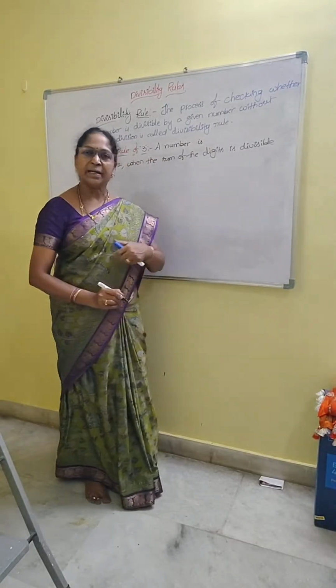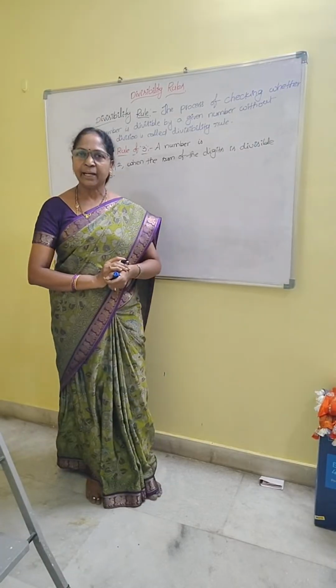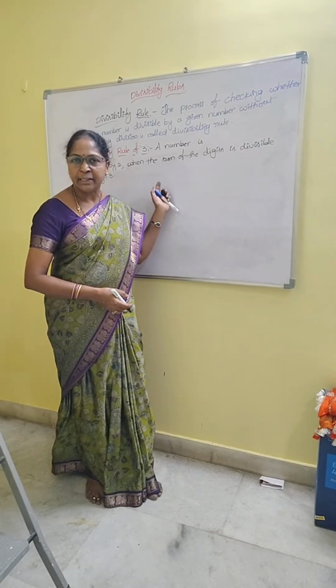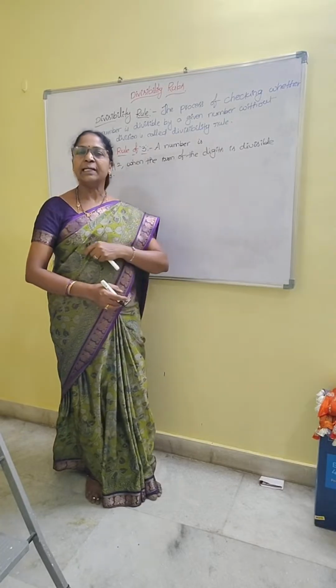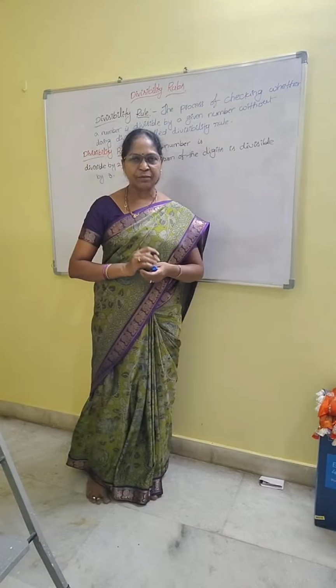This is the divisibility rule of 3. What is the divisibility rule of 3? A number is divisible by 3 when the sum of the digits is divisible by 3.